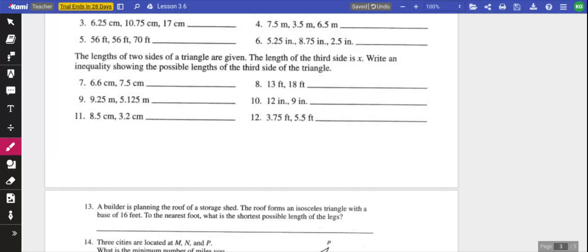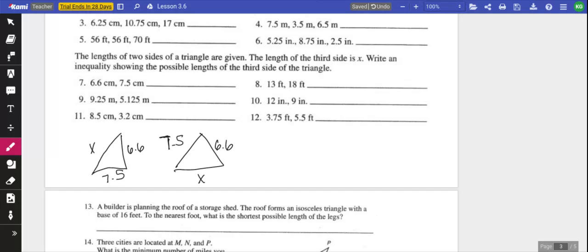So what you have is two cases. Going with number 7, the first option I have is that x is my longest side, and 6.6 and 7.5 are my smaller sides. The other thing that could happen is that 7.5 is my longest side, and so 6.6 and x are the two smaller sides.